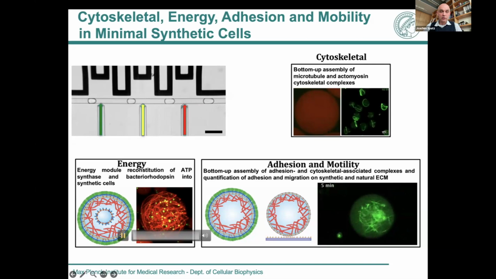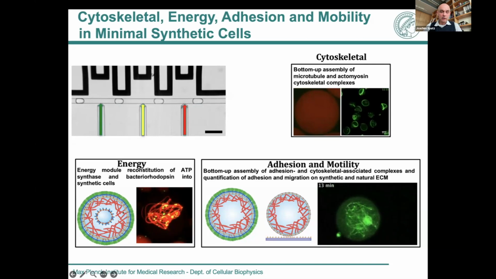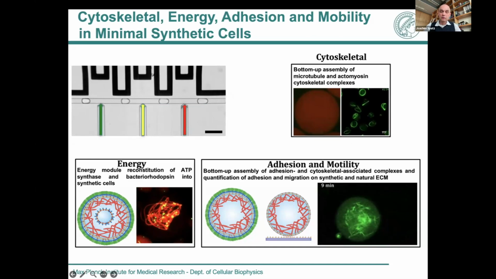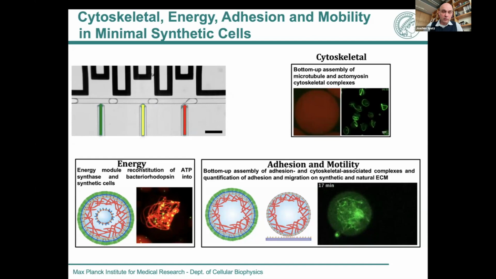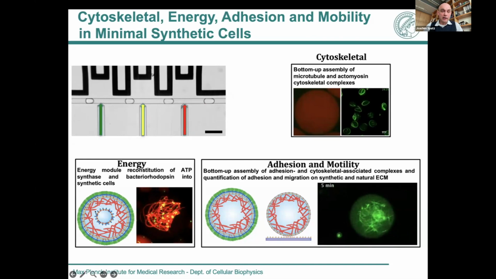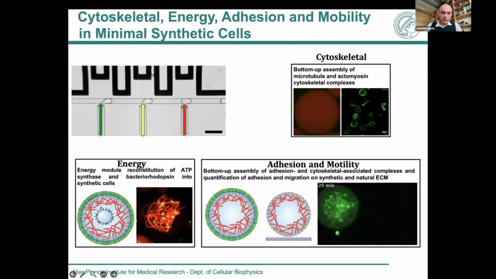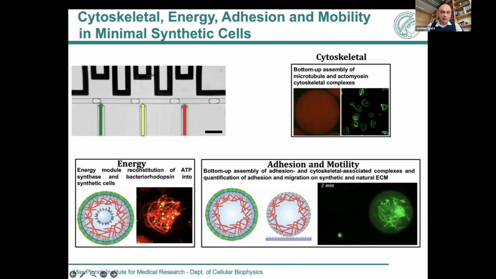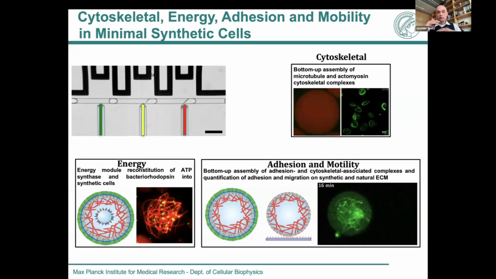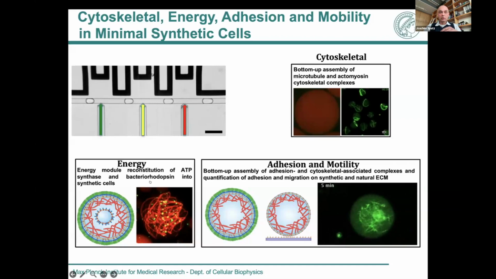This was a very intensive work here on the left side. We included, first of all, this actin cytoskeleton in a cortex form. We also included myosin as a contractile motor. And then we needed energy. Energy means you need ATP. And this ATP was generated from ADP by including ATP synthase in this droplet. As you may know, this enzyme, in order to be fueled, needs a proton gradient. And the proton gradient we generated by bacteriorhodopsin.